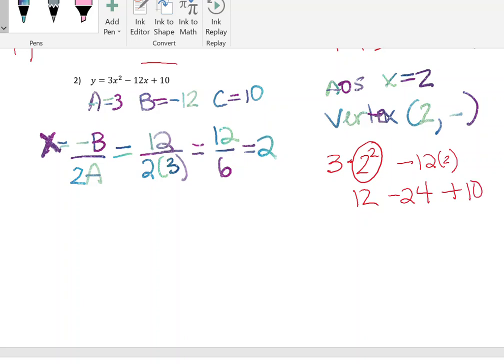So all I did was plug in 2 for x in my equation. 12 minus 24 is negative 12. Negative 12 plus 10 is negative 2. So my vertex is (2, negative 2).